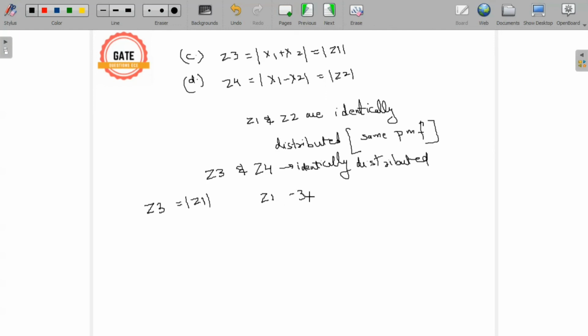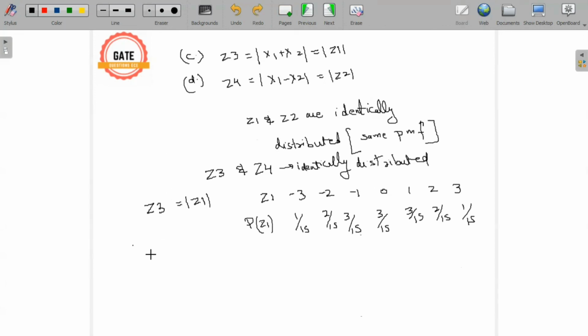Z1's values were -3, -2, -1, 0, 1, 2, 3. And the probabilities were 1 by 15, 2 by 15, 3 by 15, 3 by 15, 3 by 15, 2 by 15, and 1 by 15.